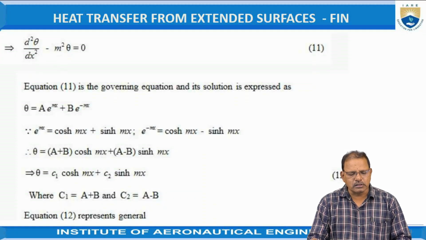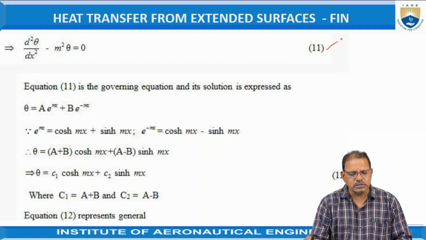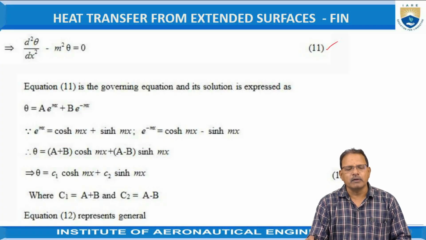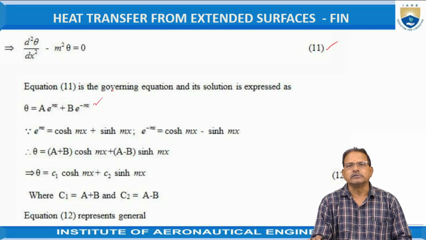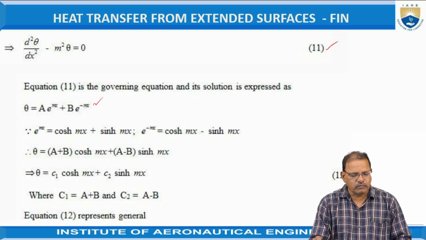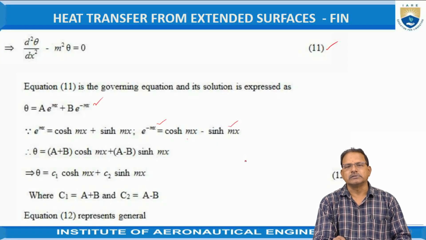Equation number 11 is the governing equation, and its solution is expressed in the form theta is equal to A e^(mx) plus B e^(minus mx), where e^(mx) is equal to cosh mx plus sinh mx. Similarly, e^(minus mx) is equal to cosh mx minus sinh mx.